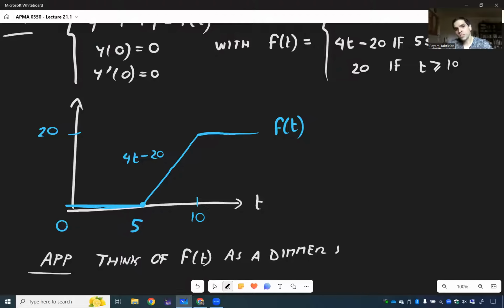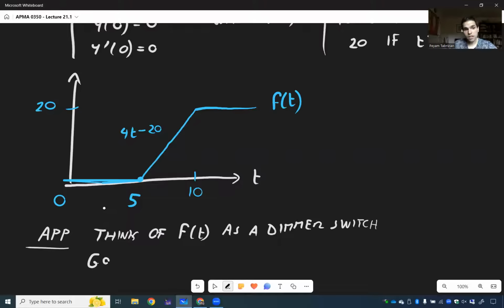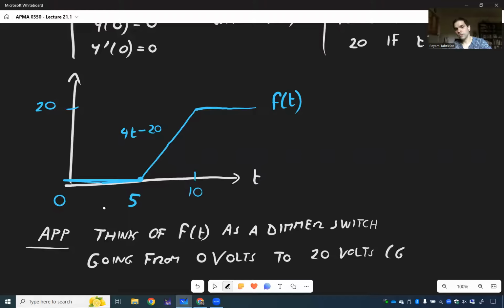Think maybe light, where it goes from 0 volts, so the light is off, and gradually turning it on, like whoop, until we get 20 volts. 0 volts to 20 volts.